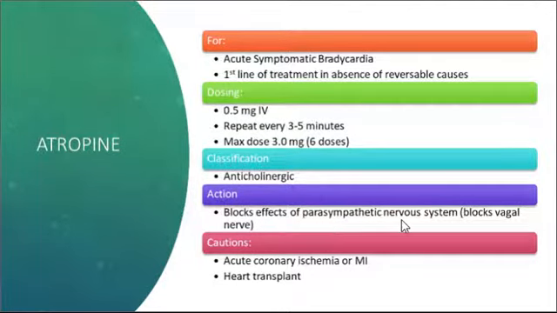It affects the parasympathetic nervous system. If somebody has ischemia or poor heart blood flow through the coronary arteries, and you give atropine, you increase the oxygen demand on their heart, and you can actually worsen the ischemia or initiate or worsen the myocardial infarction. You give it IV every 3 to 5 minutes for a max of 6 doses.